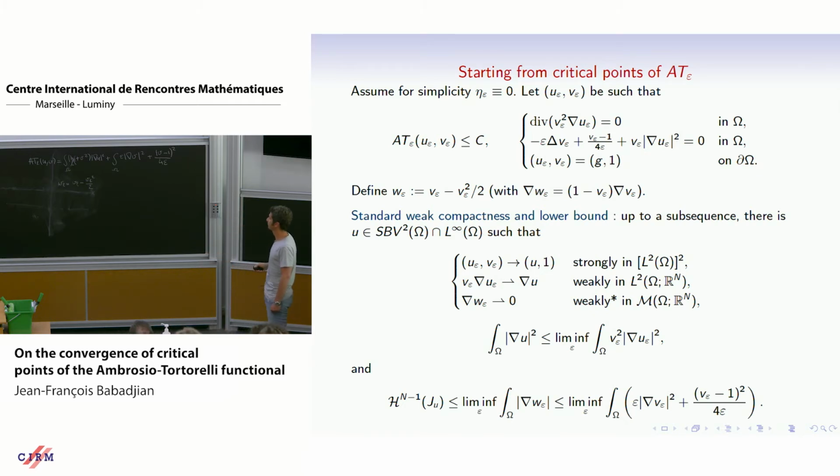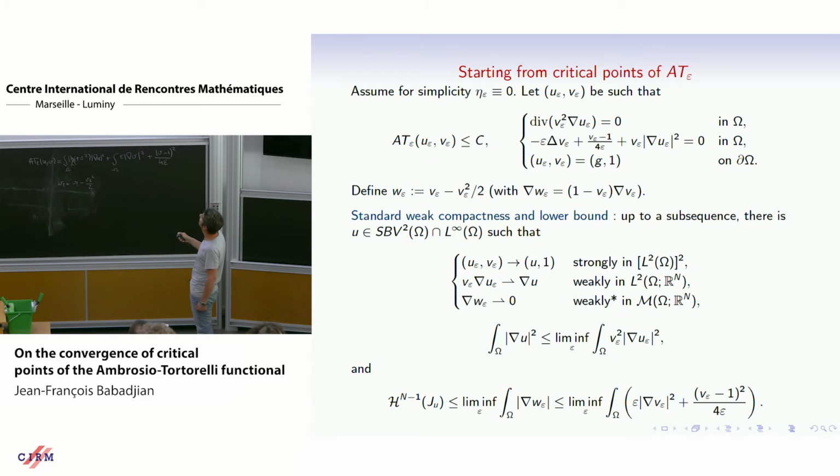So the first inequality, which is here, is actually an algebraic inequality, because you just apply the classical inequality a squared plus b squared larger than 2ab. Okay, so it gives you that this term is bounded from below by grad v_epsilon times (v_epsilon minus 1).